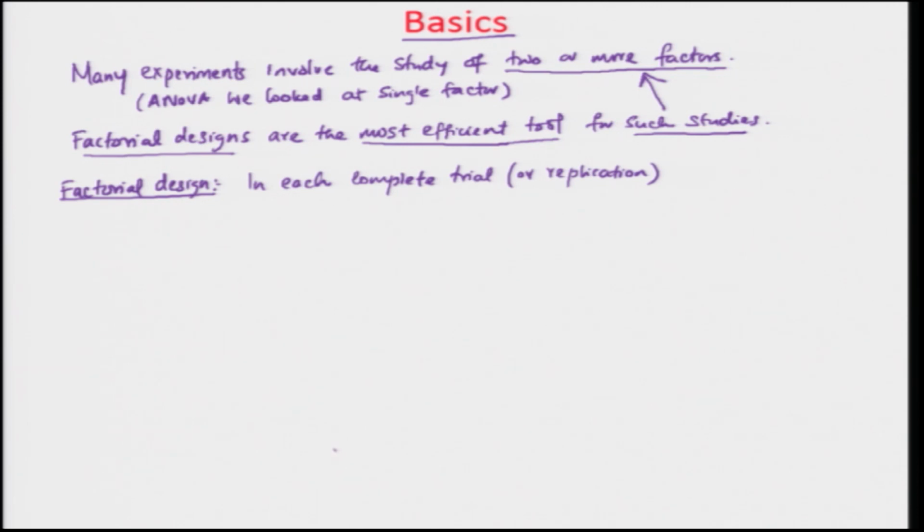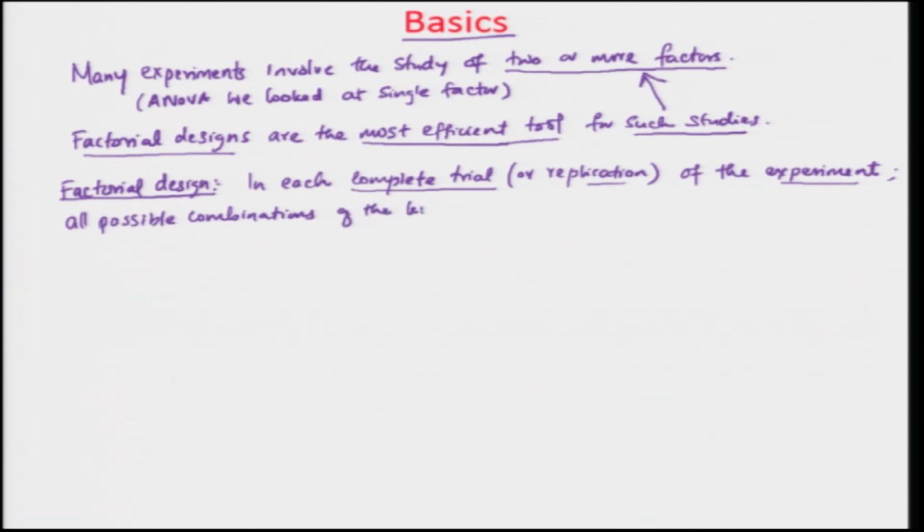So in each complete trial or replication of the experiment, every time you conduct an experiment, all possible combinations of the levels of factors are investigated.